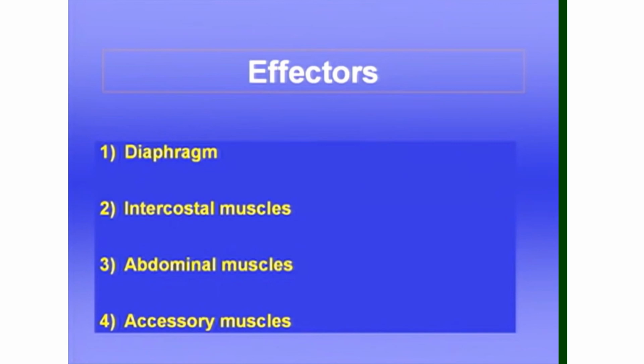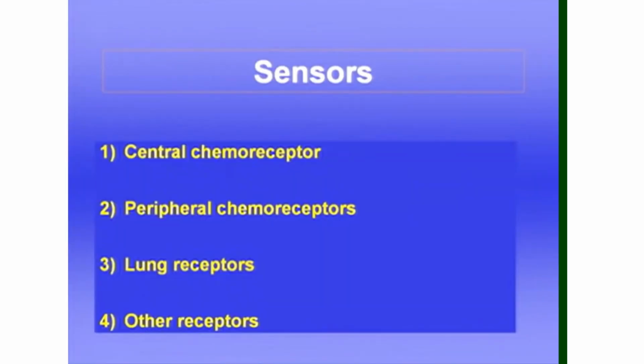And we shouldn't forget also the accessory muscles of ventilation, muscles in the neck, for example, which support the upper ribs, the first rib particularly, but they come into play during vigorous exercise, for example, and also patients who are severely short of breath can be seen to be using the accessory muscles. So we don't need to say any more now about the effectors. Let's move on and talk about the sensors, and this is a much bigger topic. So the sensors can be divided into four main categories.